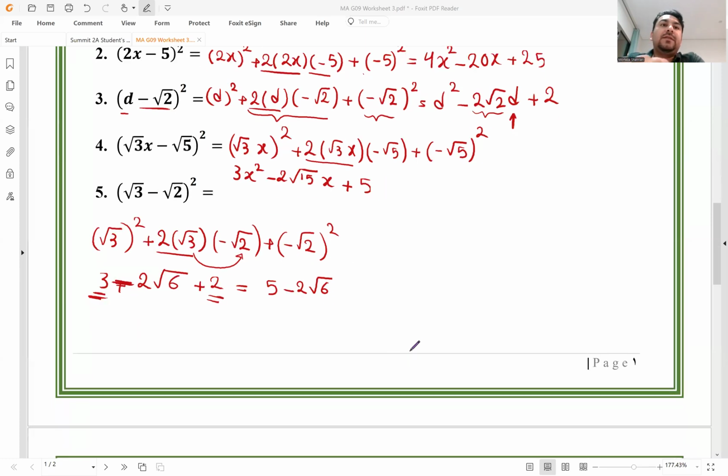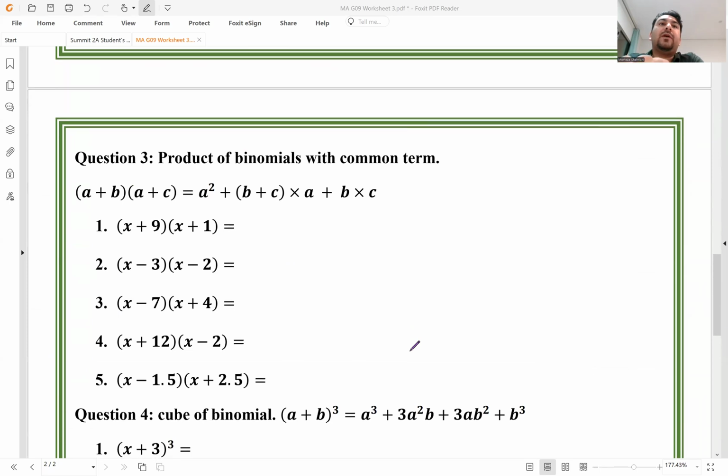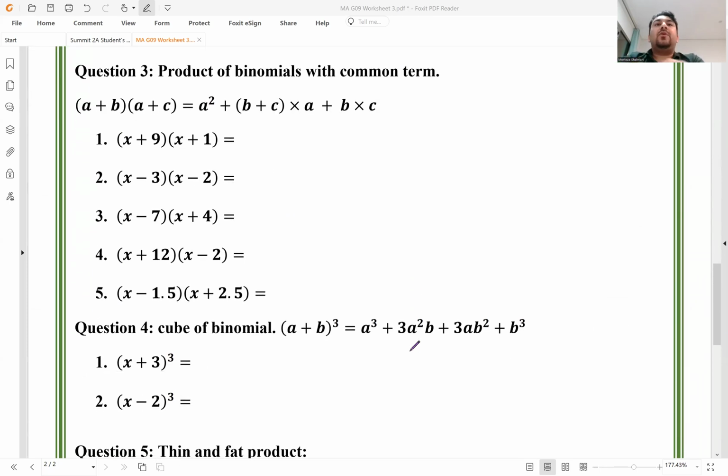Let's move on to the second page. Question 3. Products of binomials with common term. Okay, if two brackets are being multiplied and each contains a binomial, but the binomials have one term in common. As you see here, a is repeated in both brackets, so we can consider a to be the common term in the brackets.